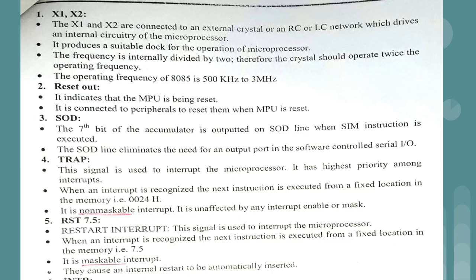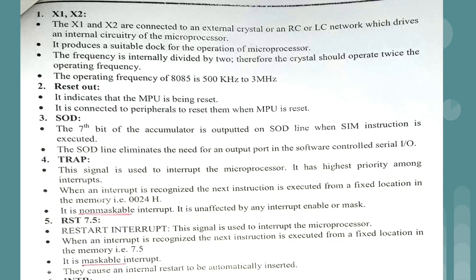So we have RST 7.5, 6.5 and 5.5, all related to interrupts. Each will stop the current execution and jump to a different memory location. In case of RST 7.5, we jump to memory location 7.5. RST 6.5 performs the same operation, but it jumps to memory location 6.5, and then we have RST 5.5.